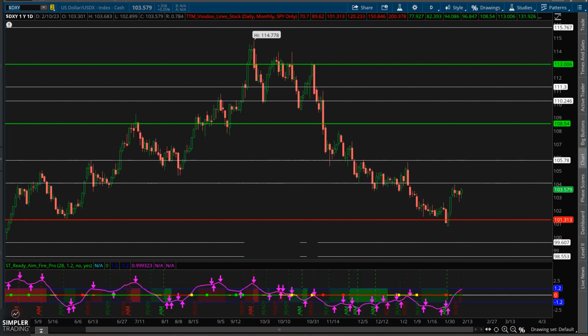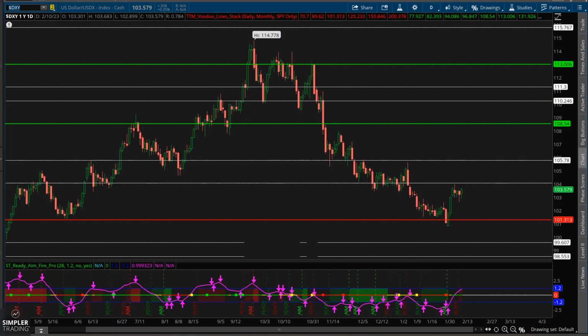This is an important market for trading anything that is denominated in US dollars, because a stronger US dollar is going to make anything denominated in US dollars, such as the US equity markets, cheaper, right? And a weaker dollar is going to make anything denominated in US dollars more expensive.